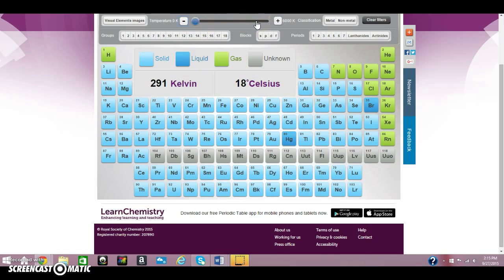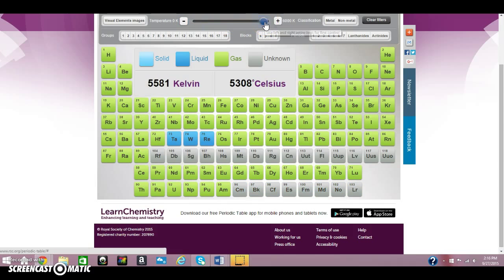As you saw in last week's assignment, heat is the factor of changes of temperature. You're going to just move your little bar over to various different temperatures to find out what the different states of matter of the periodic table elements will be under those different temperatures.